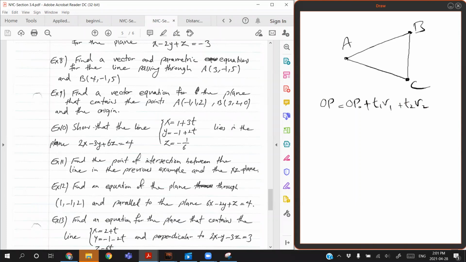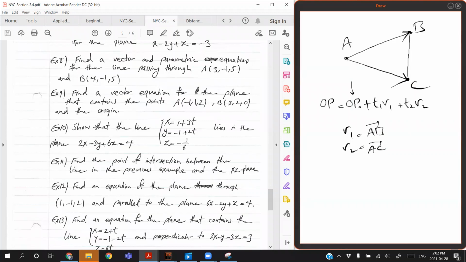But if I have 3 points, I can use, for example, point A as the given point. And then I can use the vector AB and the vector AC as v1 and v2. Does that make sense?